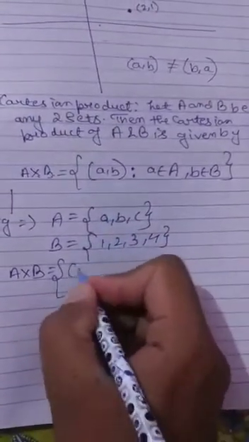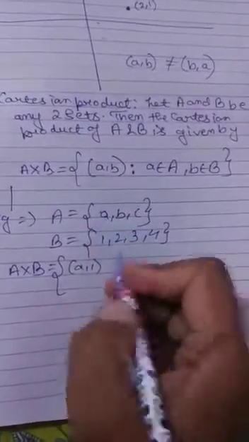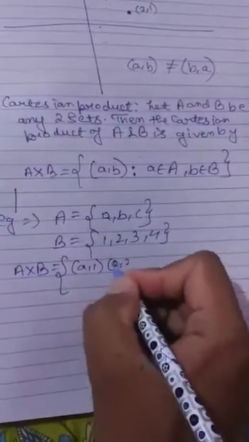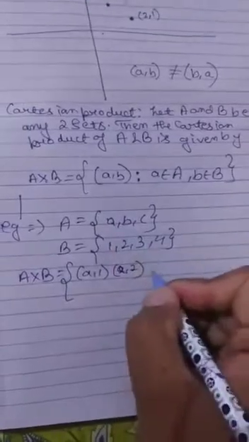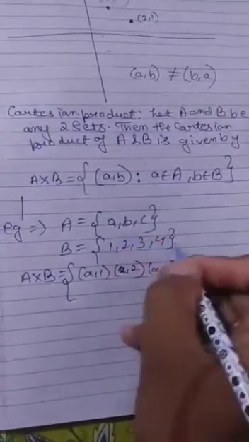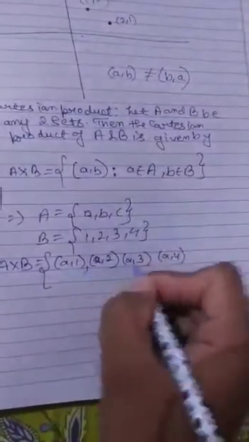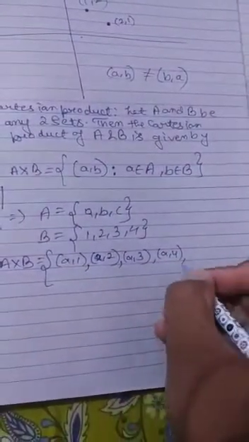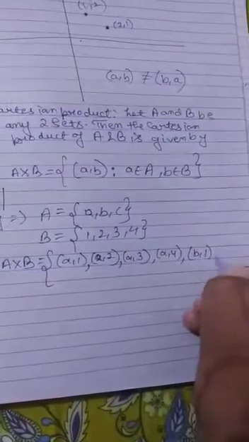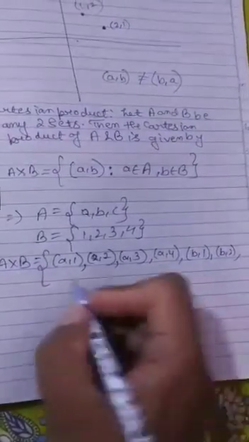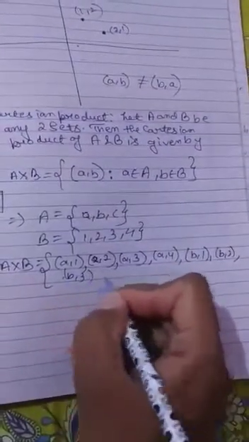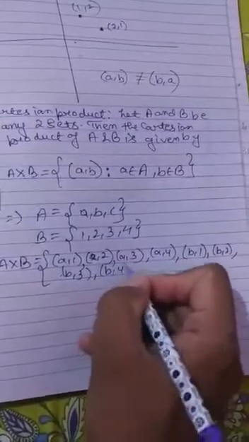A comma 1, A comma 2, A comma 3 and A comma 4. Now B comma 1, B comma 2, B comma 3, B comma 4.